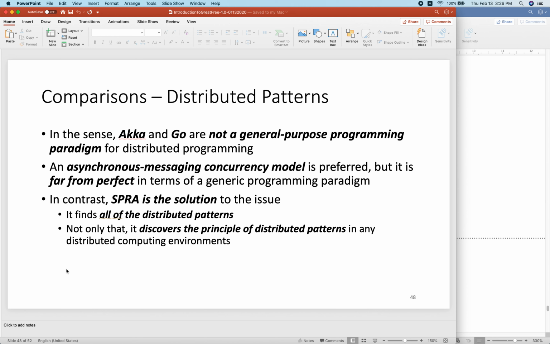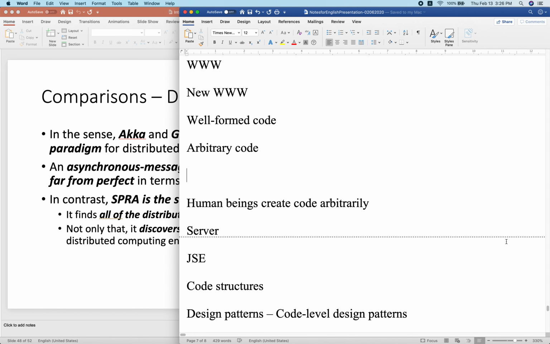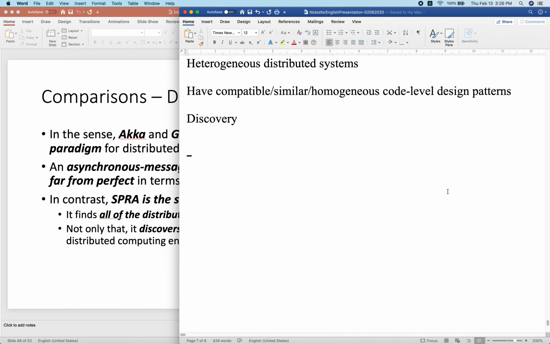Why do I say my solution is good enough? It can be claimed to be a generic programming language. In my system, there is another foundation. I call it SPRA. SPRA stands for Steady Patterns for Rich APIs.